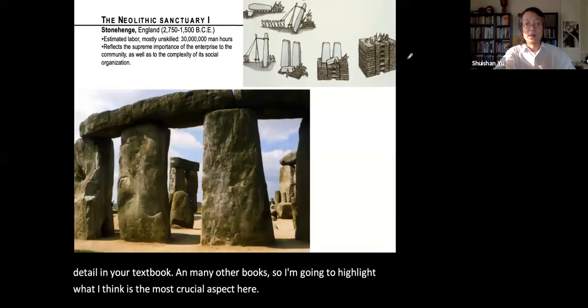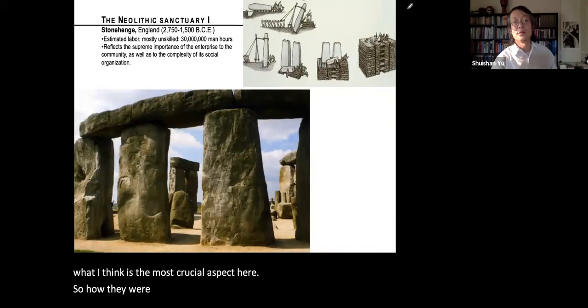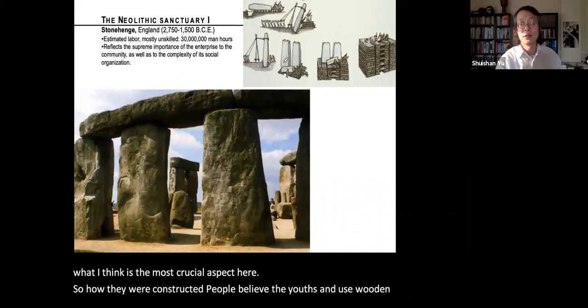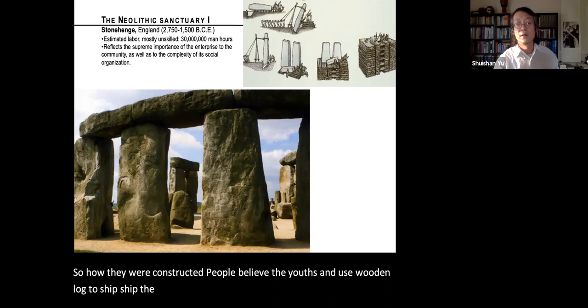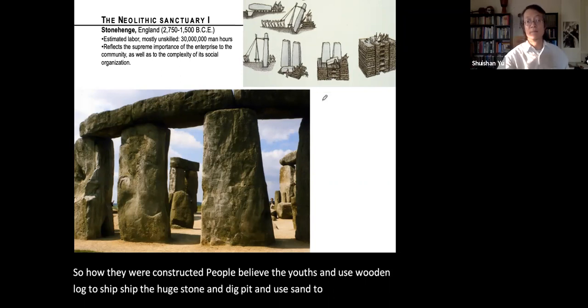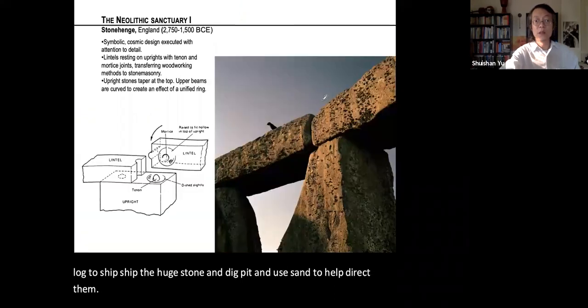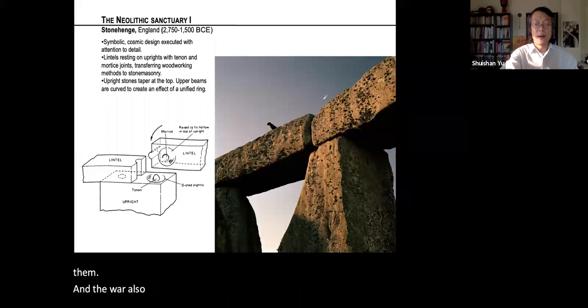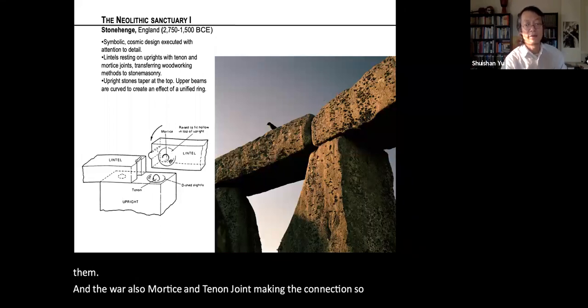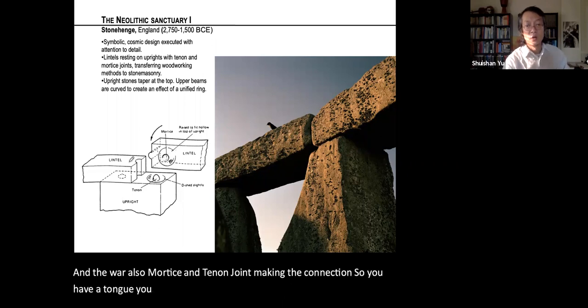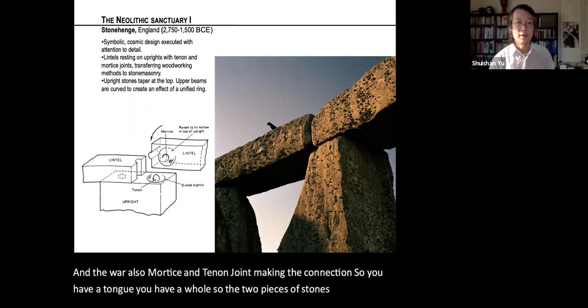As for how they were constructed, people believe they used sand and wooden logs to ship the huge stones, dug pits and used sand to help erect them. And they also used mortise and tenon joints to make the connections. So you have a tongue, you have a hole. So the two pieces of stone were joined that way.